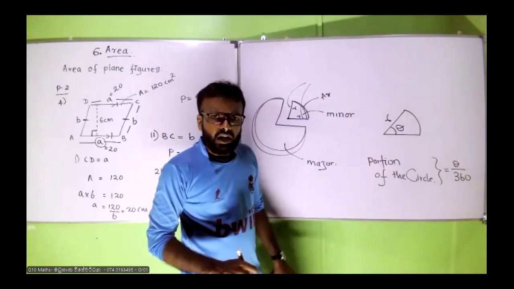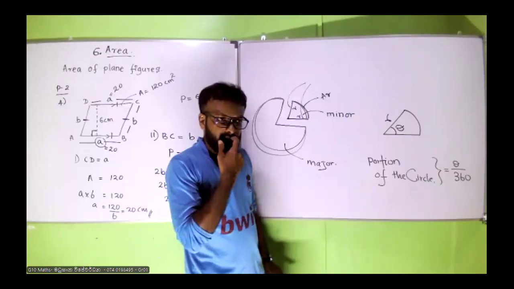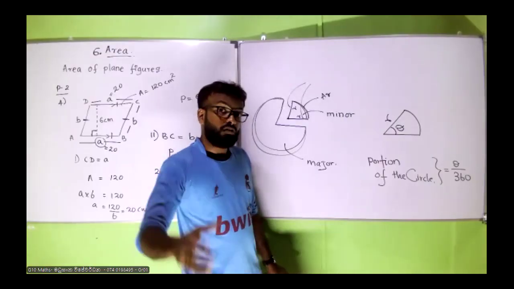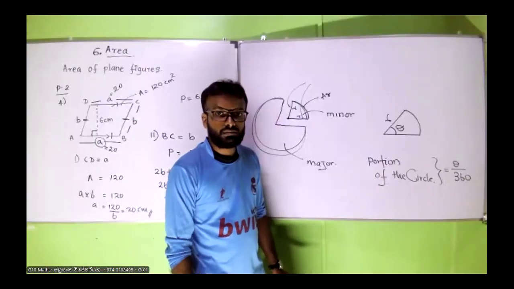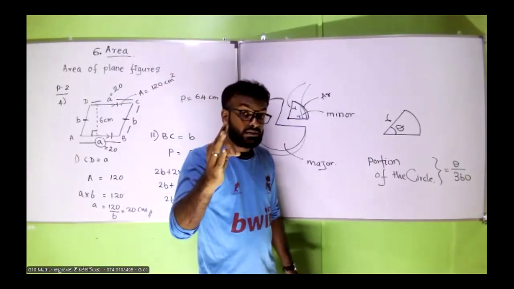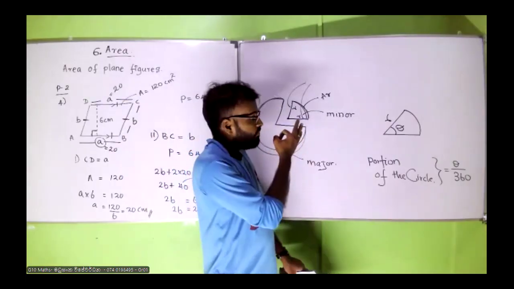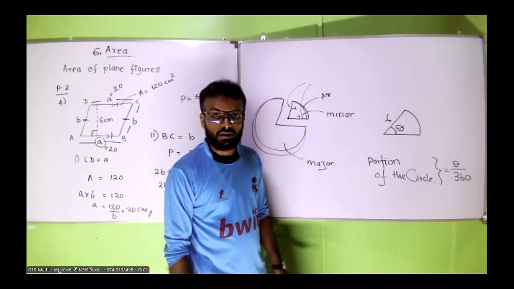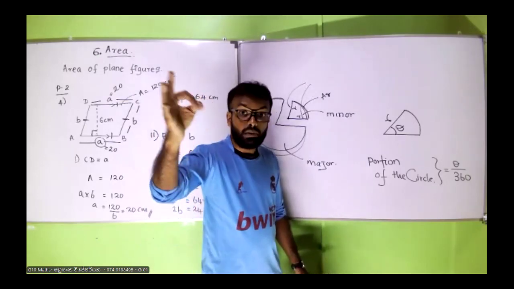What is theta again? Angle at the center. We have done a lot of things on this in speed revision sessions, and I have given the questions that were made by me.